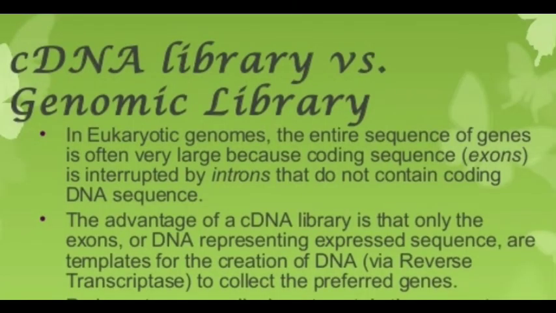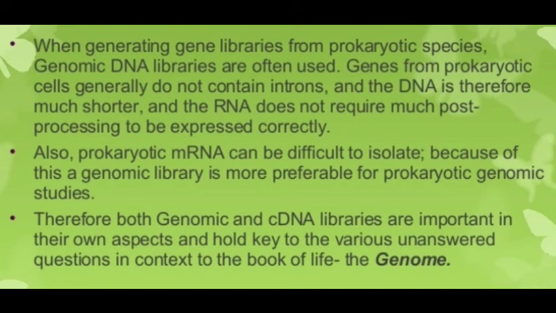Now, you can easily compare complementary DNA library and genomic library. See, in genomic library, both exon and intron DNA are there, while this is the advantage of complementary DNA library, that only exon is there.